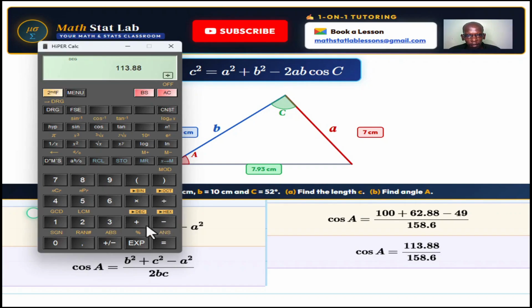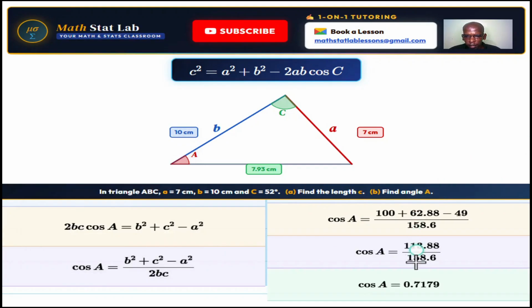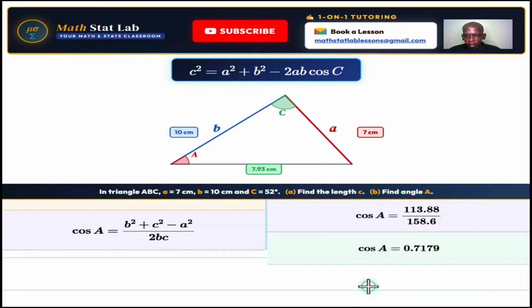Then I divide by 158.6. Then the answer becomes 0.7180. So then it means this cos of A here is 0.7179 when we round off to 4 decimal places.